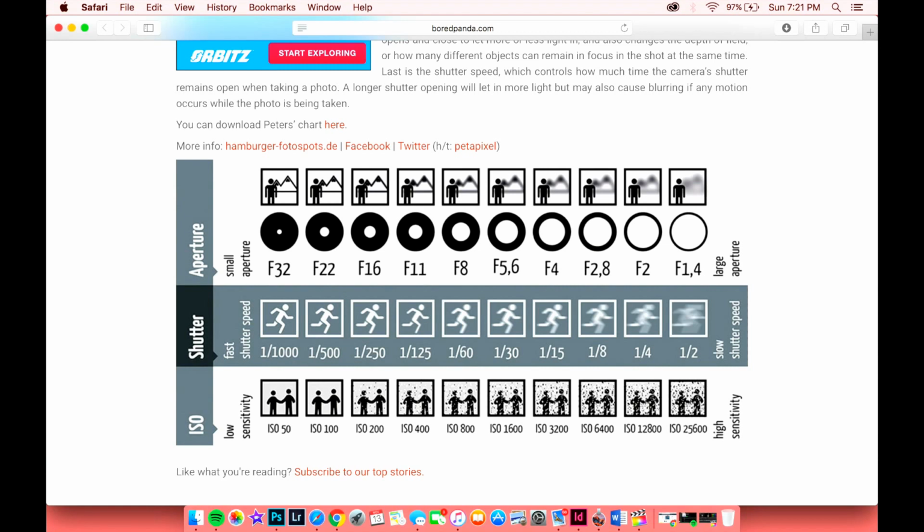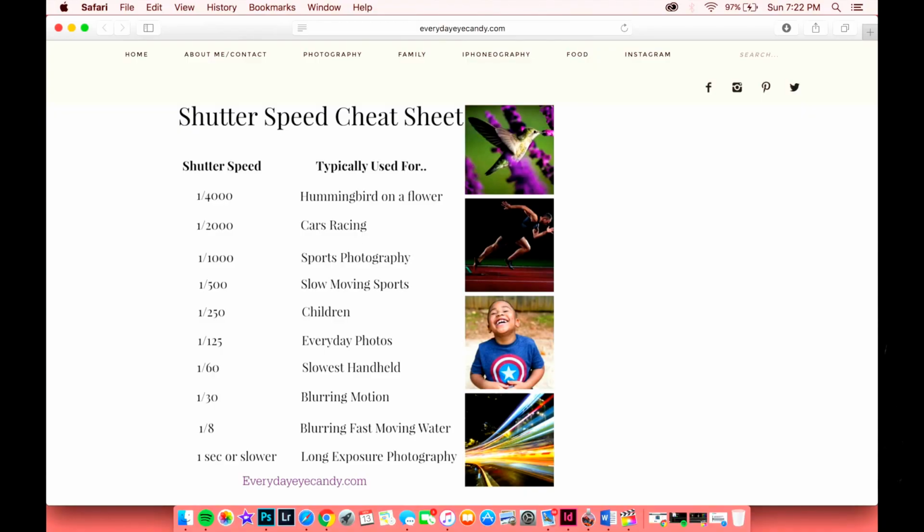They have so many cool pictures for slow shutter speed or long exposures. It's mind-blowing. So on everydayeyecandy.com, she gives us an example of what 1/4000 of a second does, and then what 1 second or slower does.